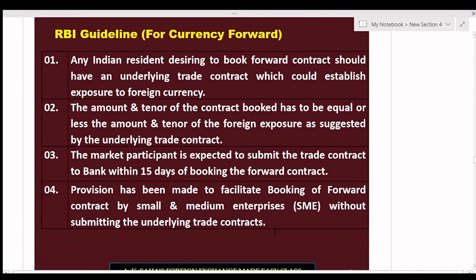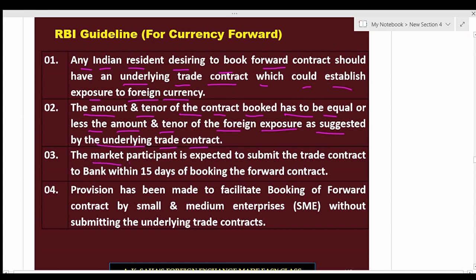RBI guidelines for currency forward. Any Indian resident desiring to book a forward contract should have an underlying trade contract which could establish exposure to foreign currency. The amount and tenor of the contract booked has to be equal to or less than the amount and tenor of the foreign exposure as suggested by the underlying trade contract.